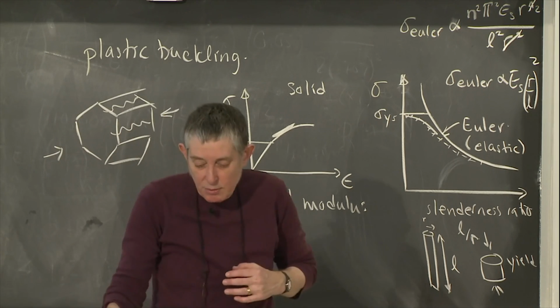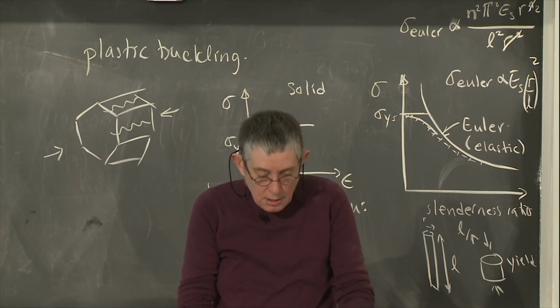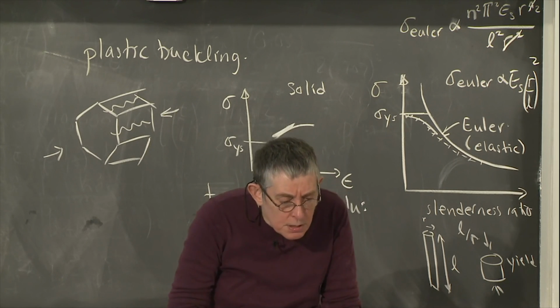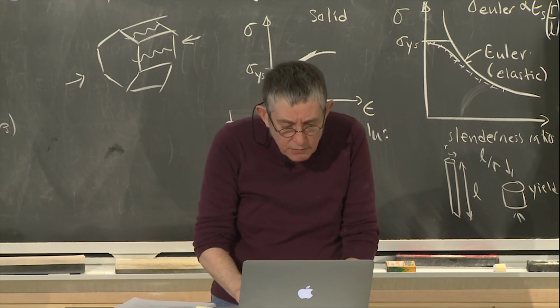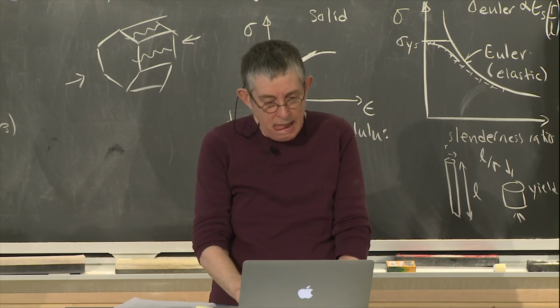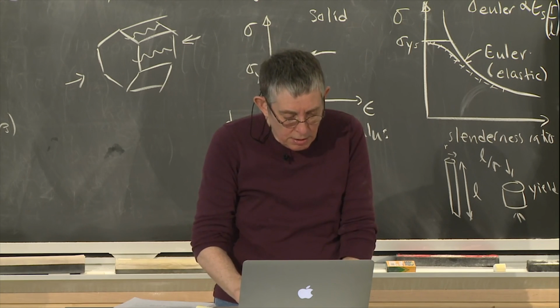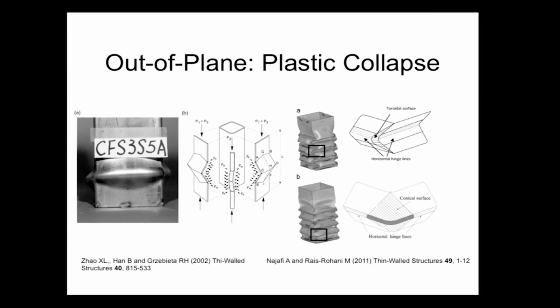Let me pull up those plastically buckled columns, those tubes. Let me try and remind myself where they were. I think honeycombs. I want honeycombs out of plane. It was this thing here. So you see, that's just one tube, but the whole honeycomb would have groups of tubes put together.